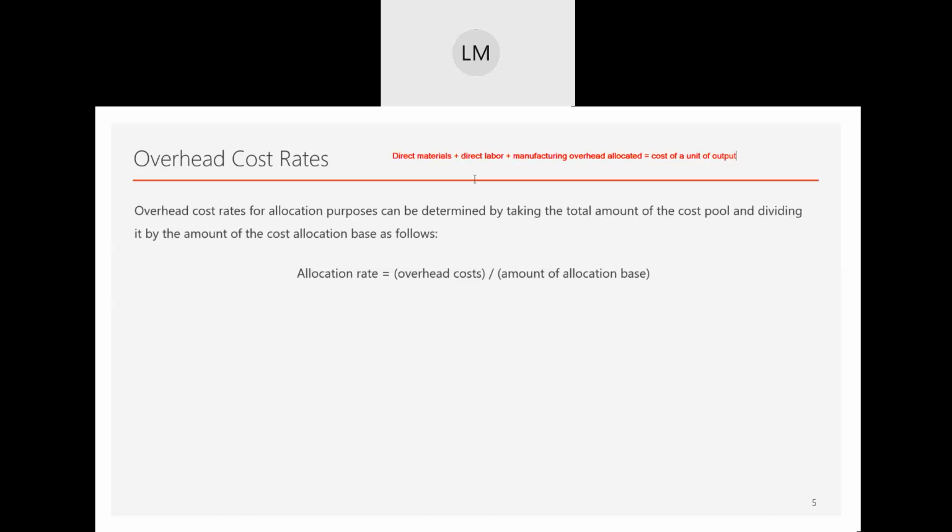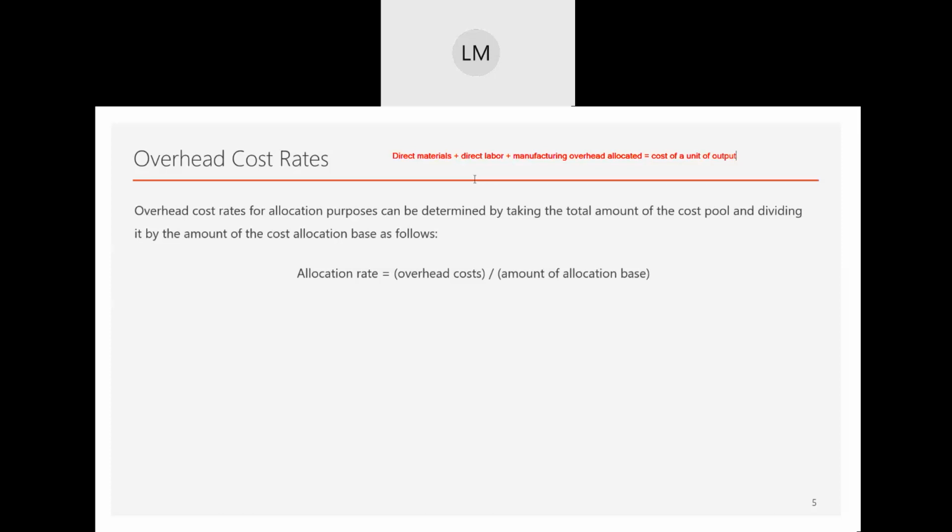Remember, each job is going to consume a different amount of resources. So we've got to find that cause and effect relationship so that a job that consumes more of that allocation base will be assigned more overhead than a job that uses less of that allocation base or less of that cause and effect.